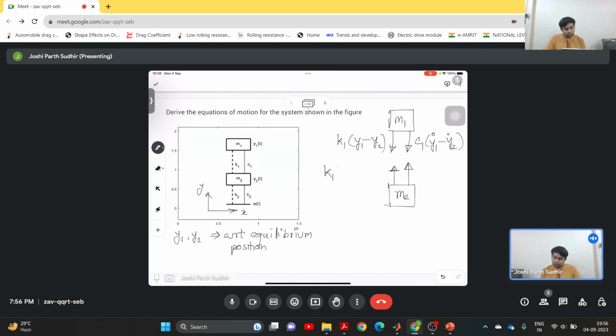So it will be again K1 (y1 minus y2), here now in the opposite direction, and C1 (y1 dot minus y2 dot). Similarly, we will have the spring force because of the relative displacement between y2 and e.